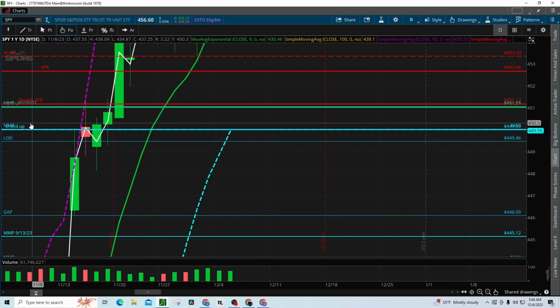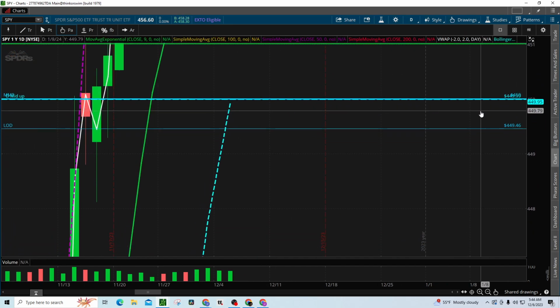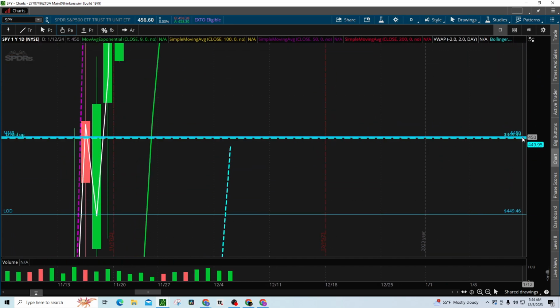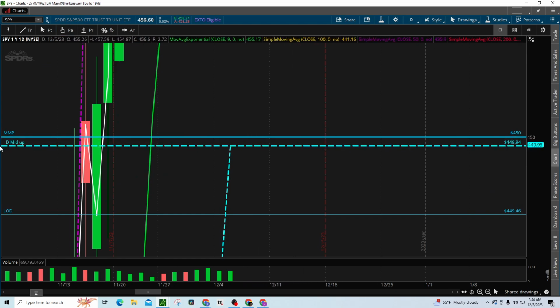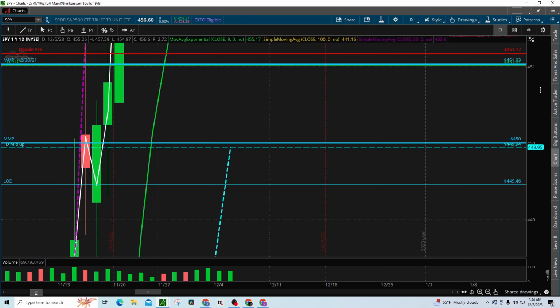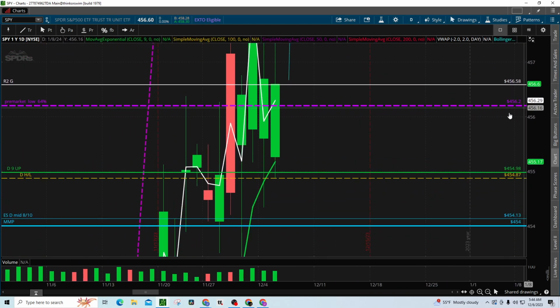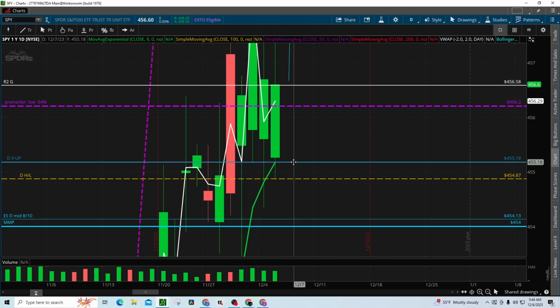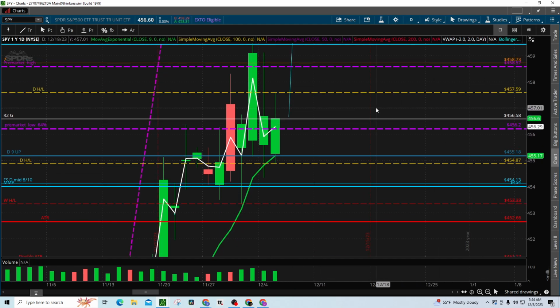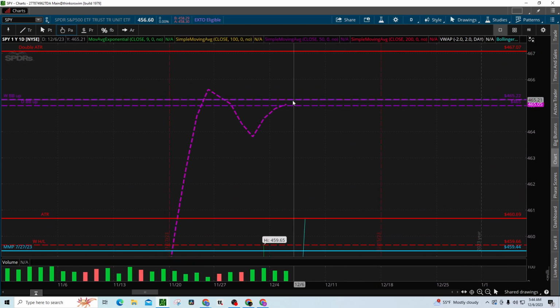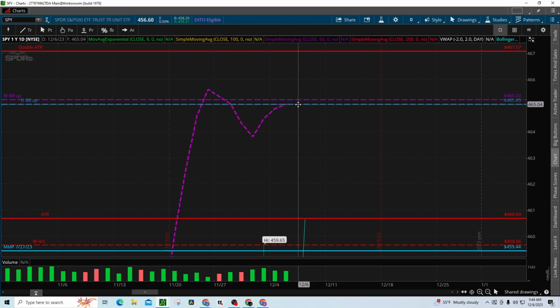You can't see it, but there's two lines here. 450 is this level, and then this daily mid Bollinger Band, and I like to also put up there, knowing that this is trending up. So here's the daily 9, that's at that level, but it's trending up. That should be right about there.